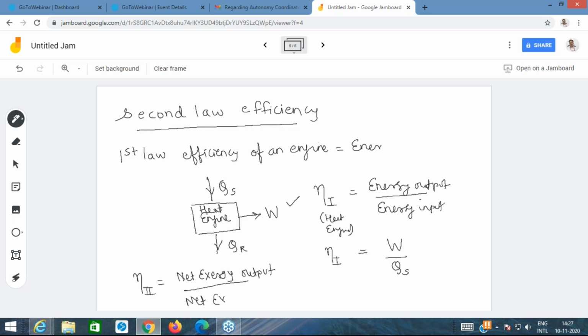Now, what is the exergy of W? Can you tell me what is the exergy of W? This is the output of the engine. Any guesses? Mohan, Dheeraj, Rushali, what is the exergy of W?